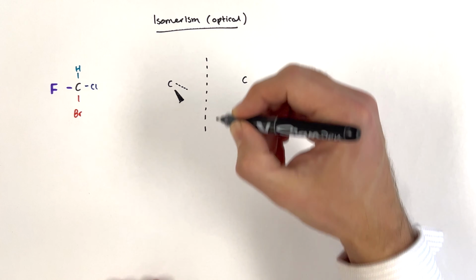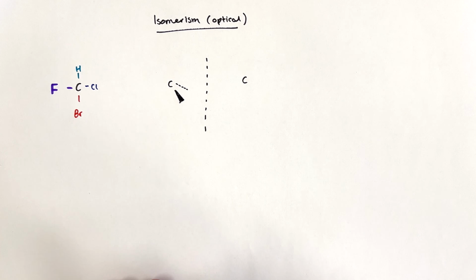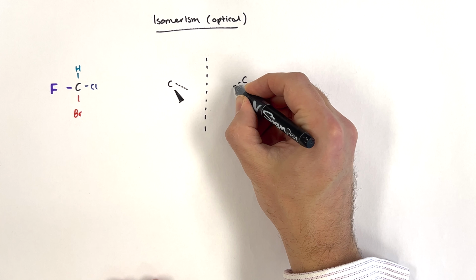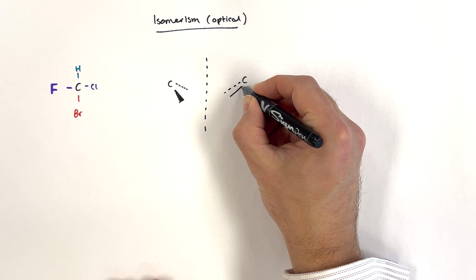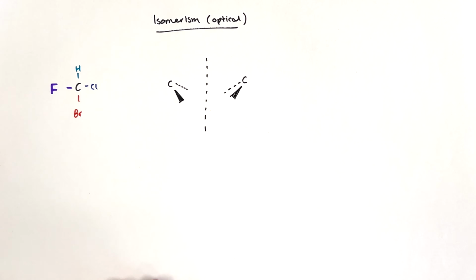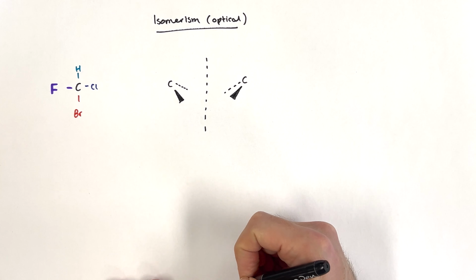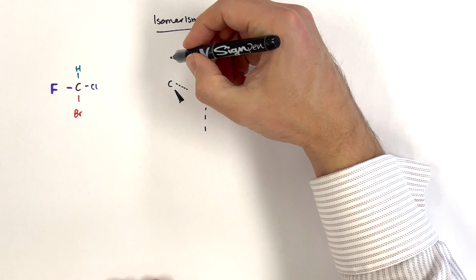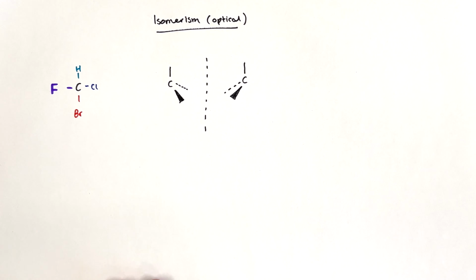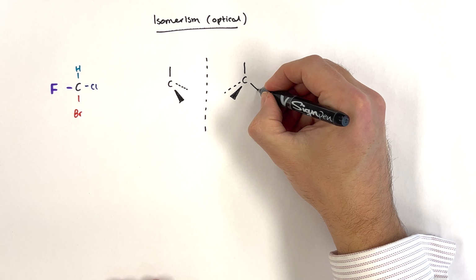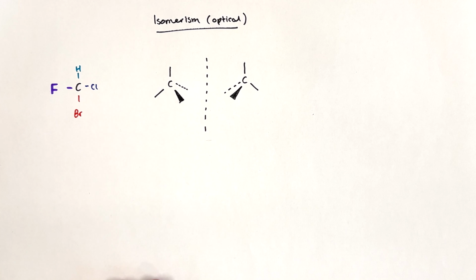A dotted line here shows that this line is going into the page. So we'll do the same thing on this molecule here. So this one here, wedge coming out towards you, dotted line going into the page. One bond going straight up here shows it's flat on the page. And then another bond in this direction here, again, flat on the page.